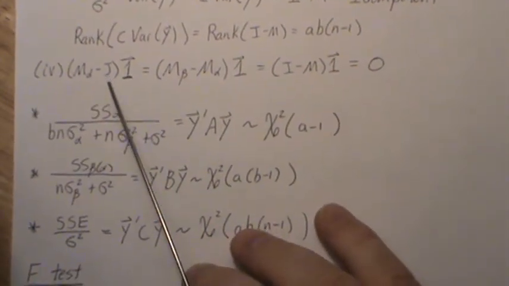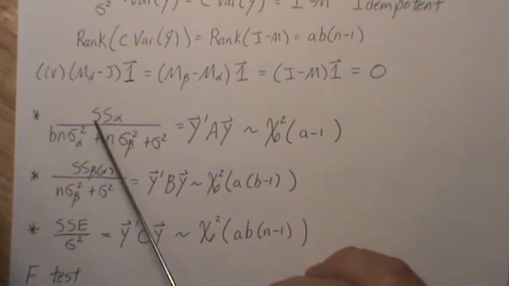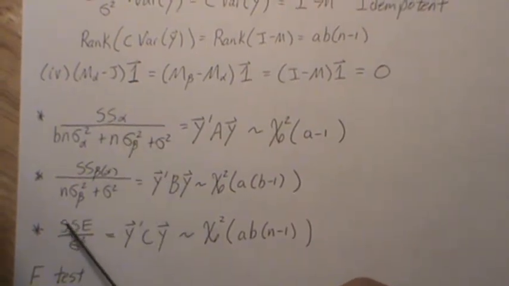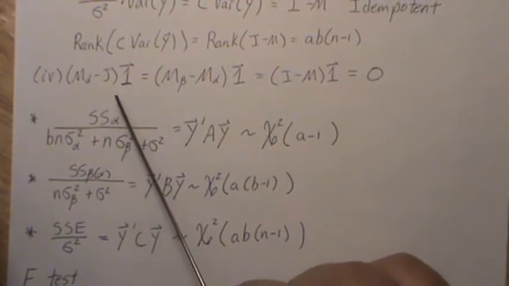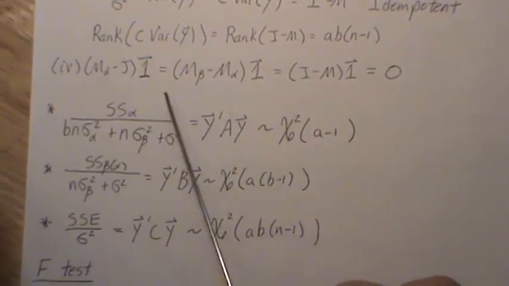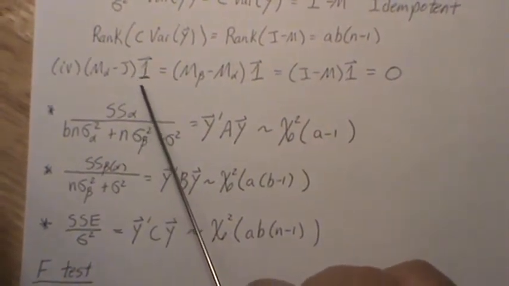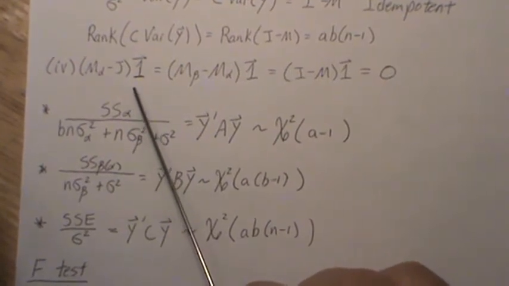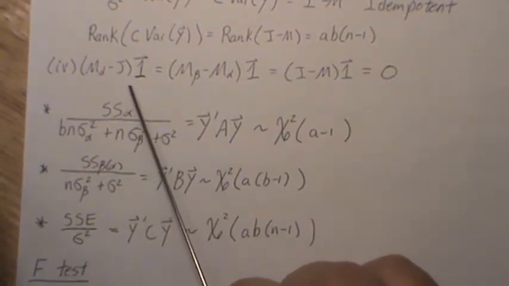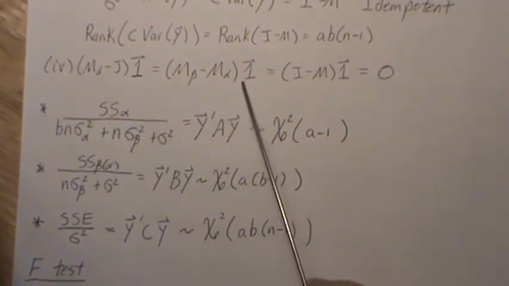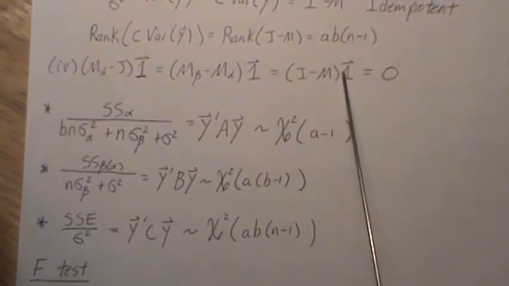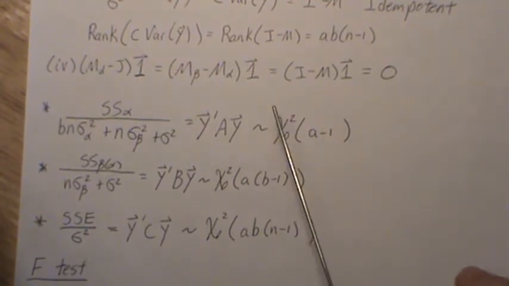Now, in our F test, we have to show that the numerator and denominator are independent. And so to do that, these three multiplications we need. This projects orthogonally onto the 1, so that's 0. This is 0. And this is 0, because they all project orthogonally to 1.